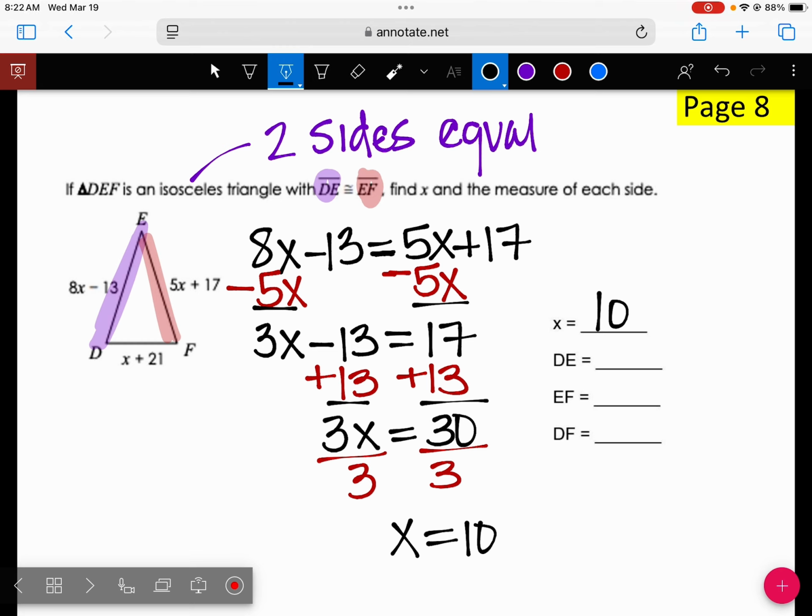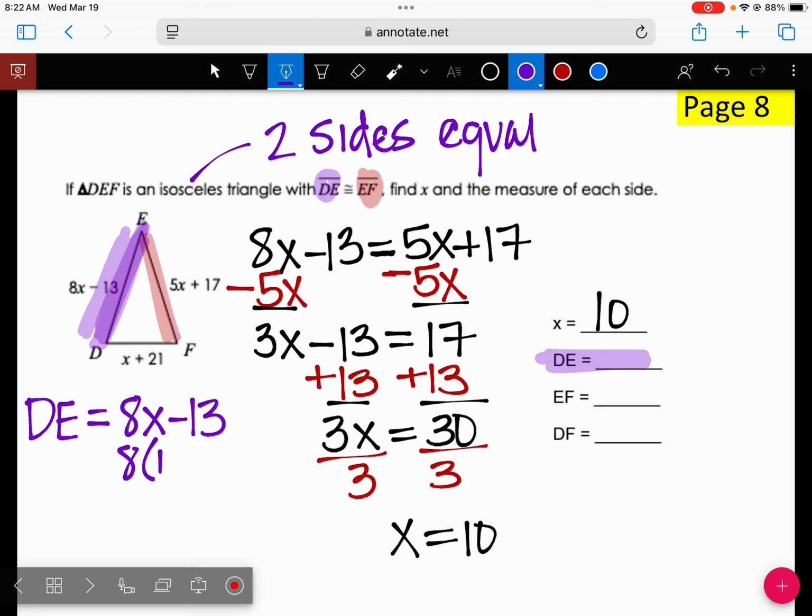So now we're going to use that to find the length of all three sides. So let's start off with DE. So DE, that's here, and that's here. So DE equals 8x minus 13. So that would be 8 times 10 minus 13. Go ahead, type that in your calculator.